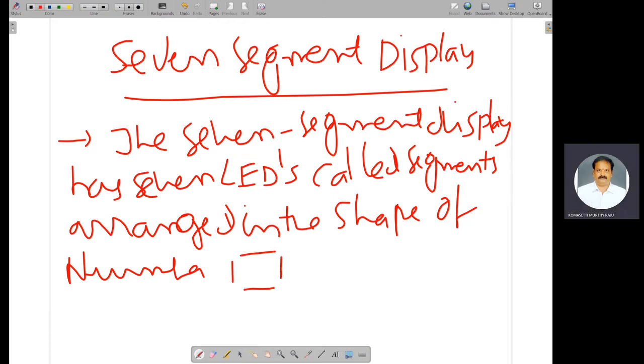The number 8 is like that. They are easy to use and cost effective.